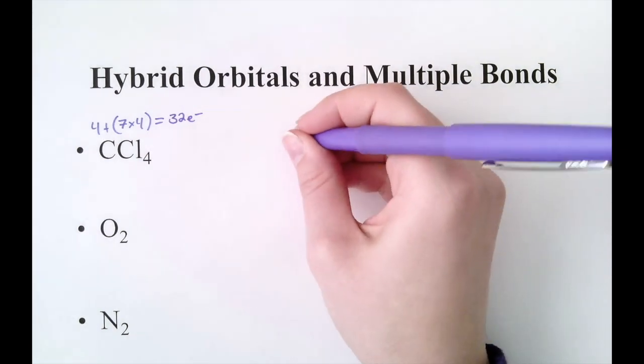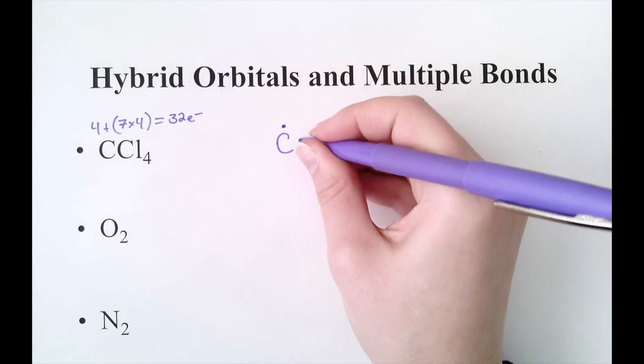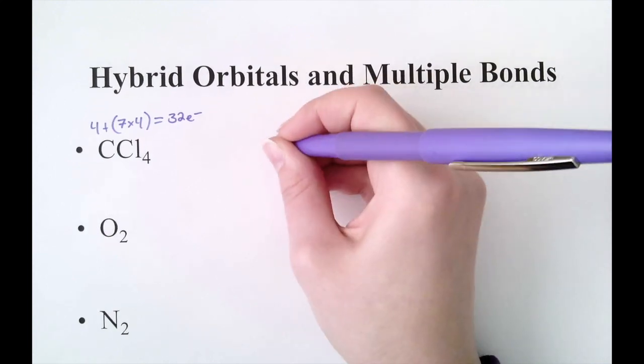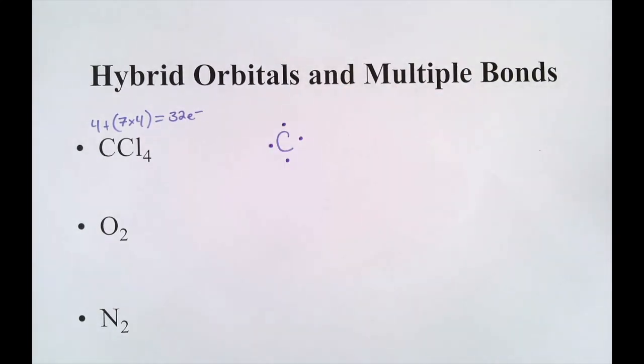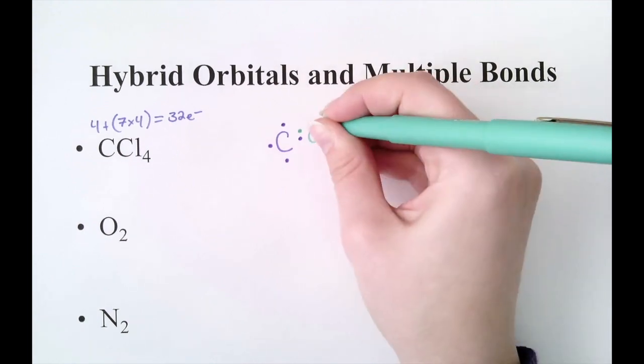I'm going to start with carbon, knowing that carbon has hybrid orbitals. So it's going to have its 4 valence electrons all spread out. Chlorine then can come and share one of these valence electrons.